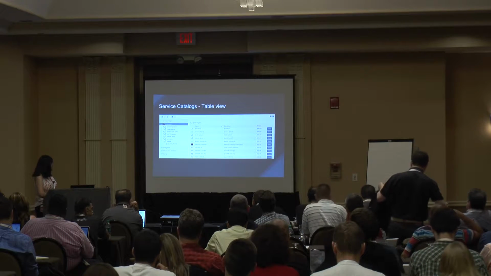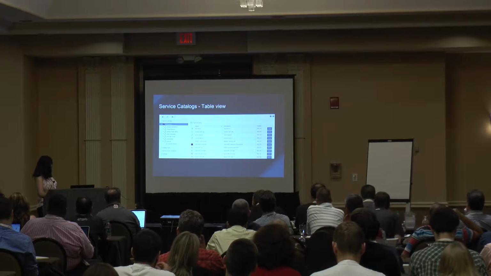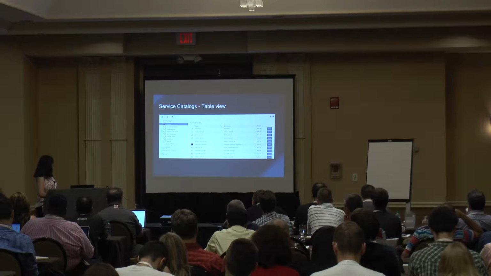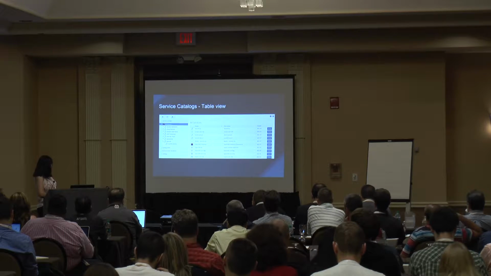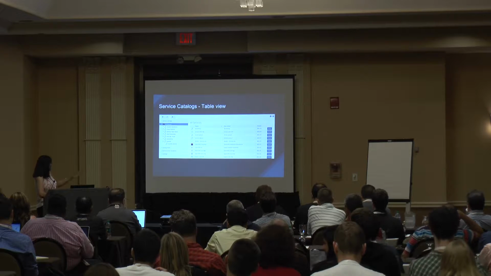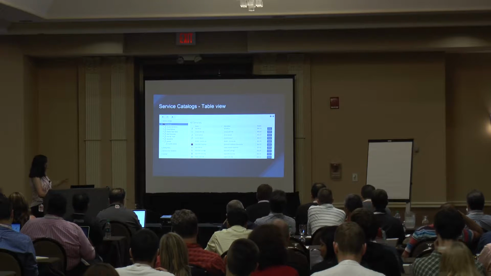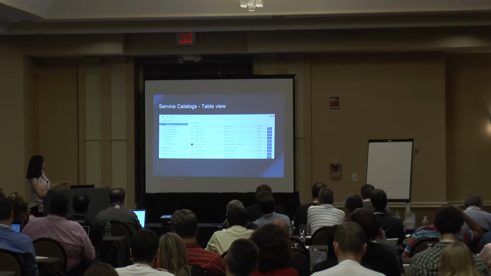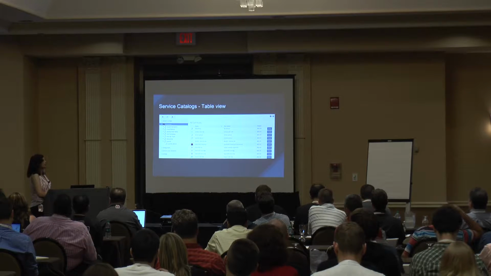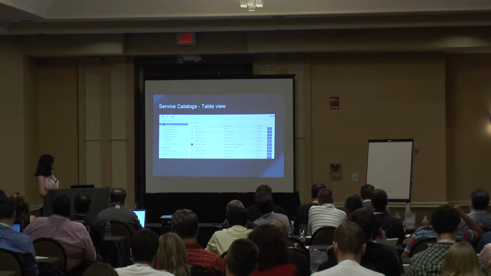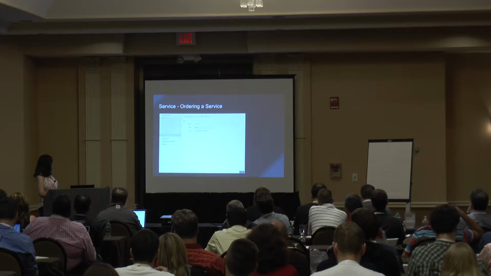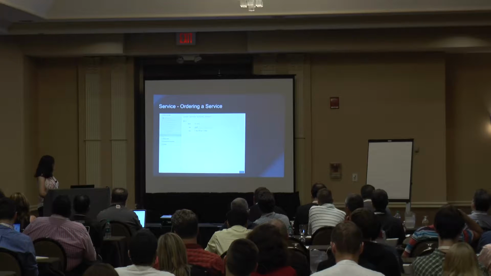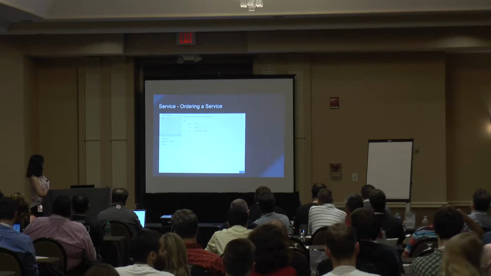Next is the list of service catalogs. And on the right, you can see all services. And we have an order button. You can order a service from the list view, or you can go to a summary screen and order a service from there. That's the dialog for ordering a service.